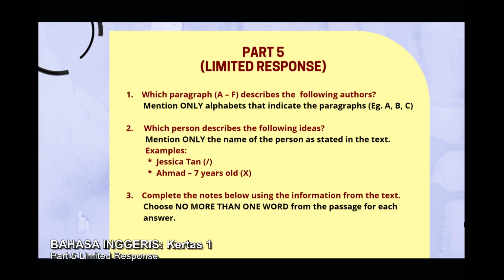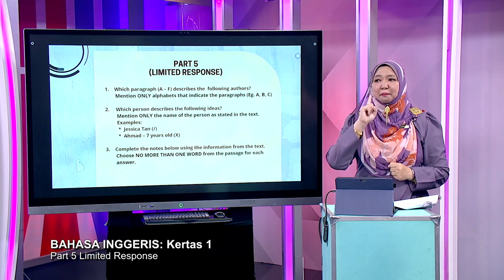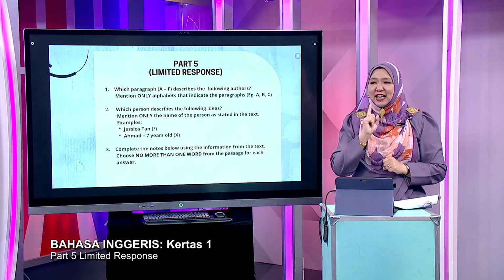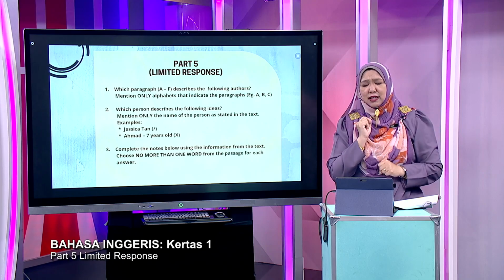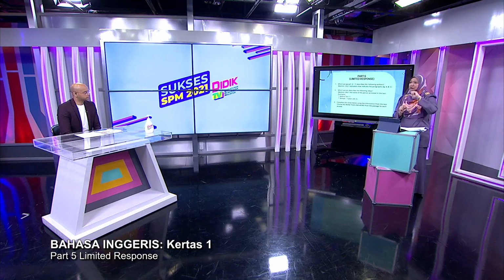The name is Jessica Tan, so you write down Jessica Tan. Don't ever write Ahmad, dash, 7 years old, even though in the text itself the age of the person is stated, because the instruction is which person. Name only. So that is for the first task.